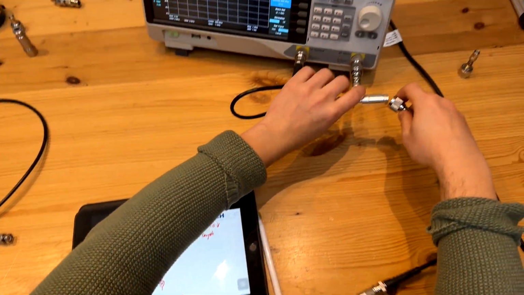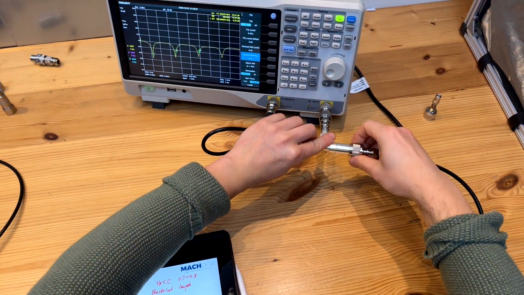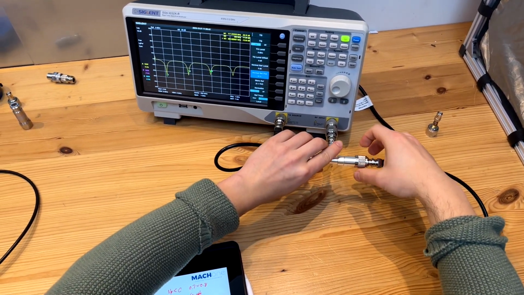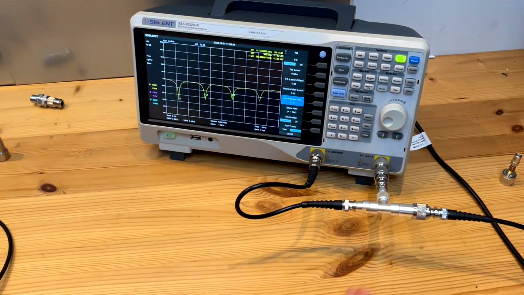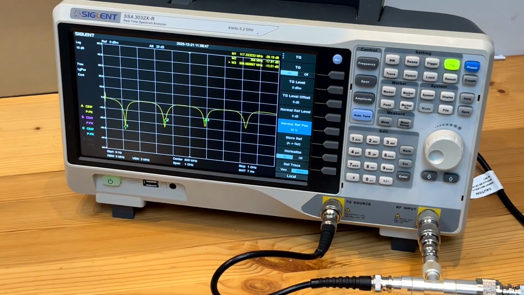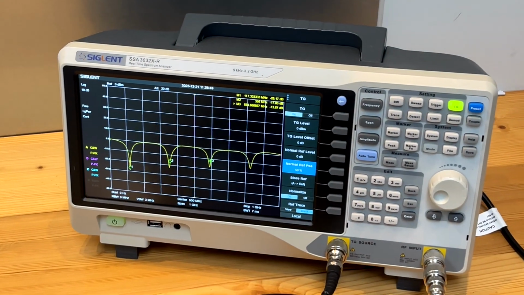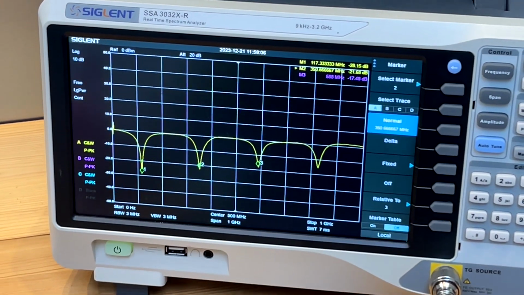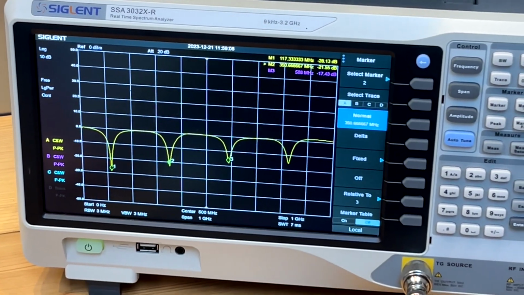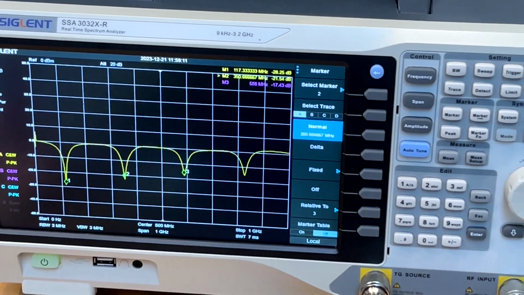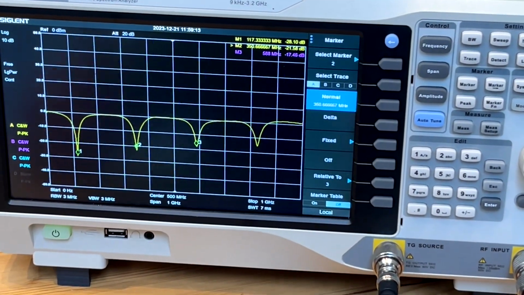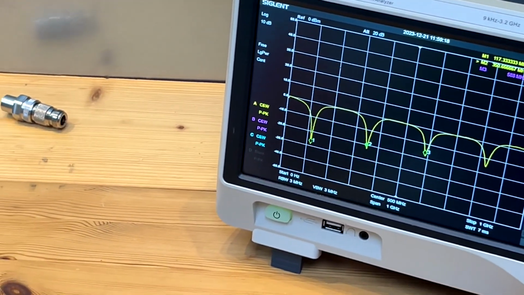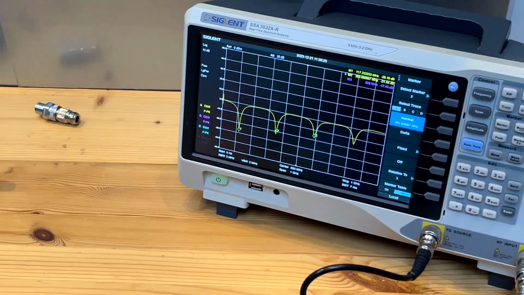Okay, so now I can connect this to the test setup. You can see that we have some resonance behavior observed in the spectrum analyzer. Marker 2 and marker 3 really are the third and fifth harmonics of the first frequency point, which is the fundamental frequency, or what we call the resonance frequency of this cable.